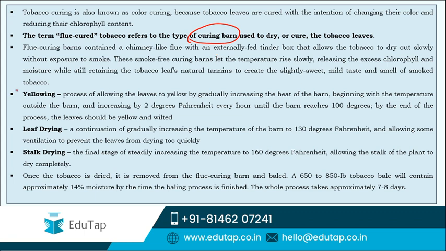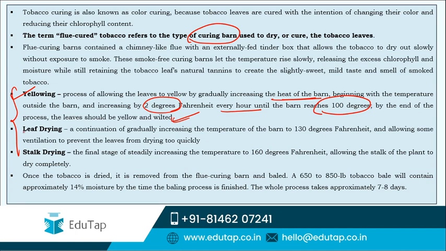In three stages it is done. The first stage is yellowing, where as you can see, the leaves turn yellow gradually by increasing the heat of the barn. It would be increased by 2 degrees Fahrenheit every hour until the barn reaches 100 degrees, and by the end of this process it should be yellow and wilted.